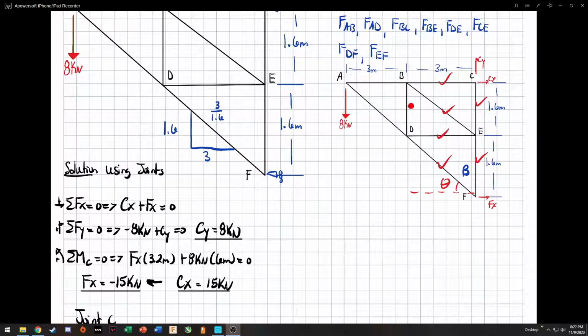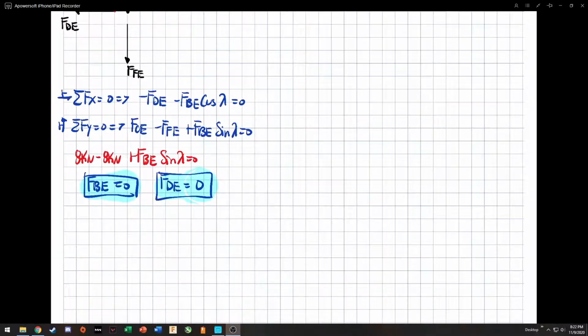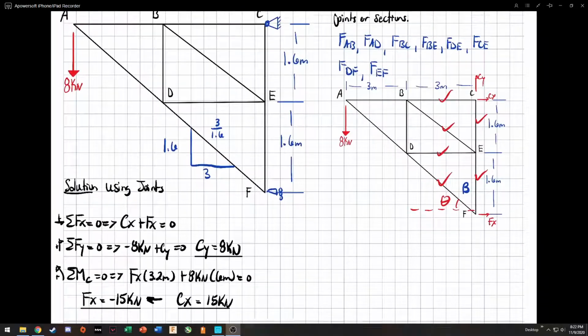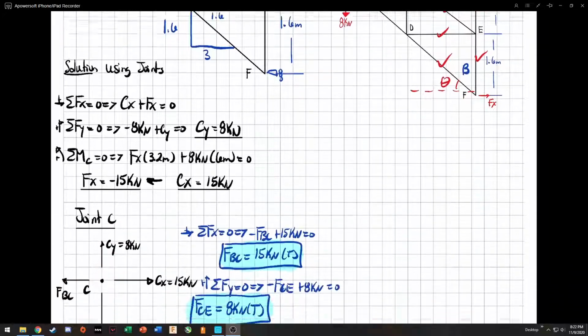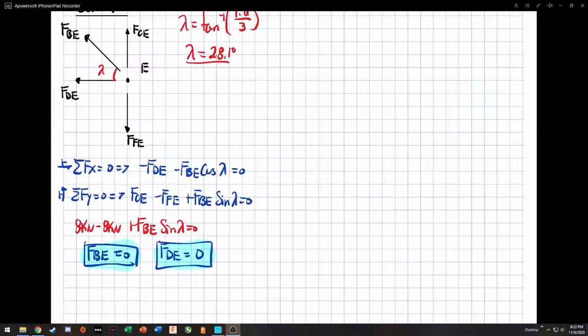Because of this, member BD is also going to be a zero force member. If you are confused by that, feel free to do method of joints on one of those. You can do a method of joints about B. You'll have two unknowns and two knowns, and you'll find that force BD will come out to 0.